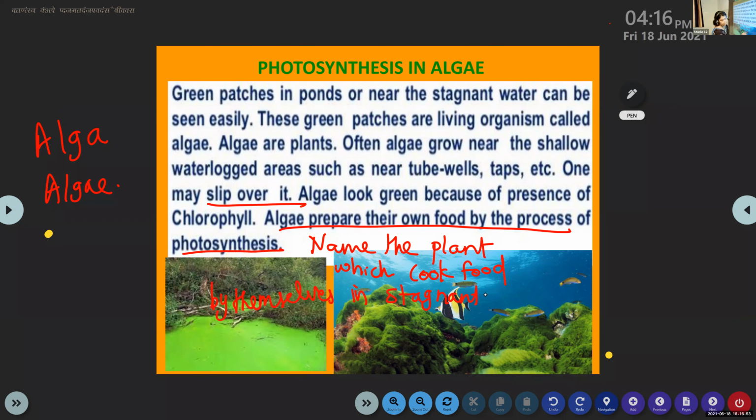Stagnant means the water which is not flowing, which is remaining over there for many days. Name the plant which cooks food by themselves in stagnant water. We can call them algae. Algae. And they also do the photosynthesis. They also will cook the food by photosynthesis.